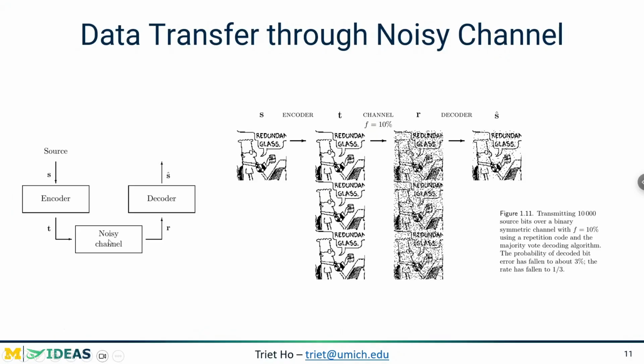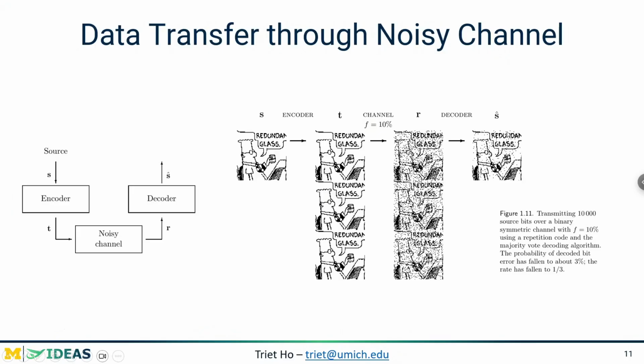So one solution is to have an encoder of the input. The input is this picture, and the encoder makes 3 copies of the original input. Then we send them through the noisy channel, so we have 3 copies, but they are noisy. Then we do a vote. For every pixel in this section, we compare all 3 and pick the majority vote.